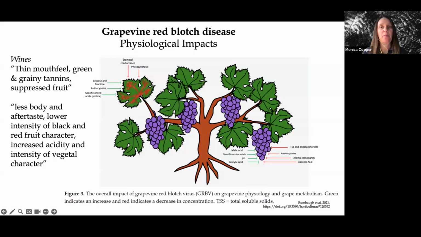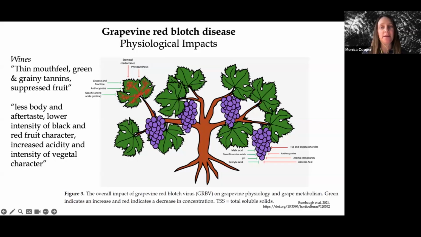The reason why we care about red blotch disease is that it has physiological impacts to the vine. This is a phloem-limited virus, and it's going to affect photosynthesis and stomatal conductance. The downstream implications of that are that the sugars that are produced via photosynthesis get stuck in the leaves.